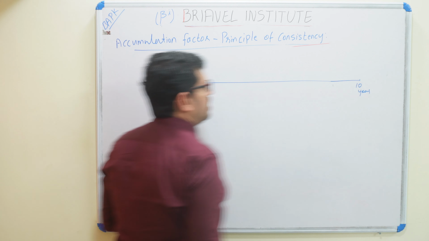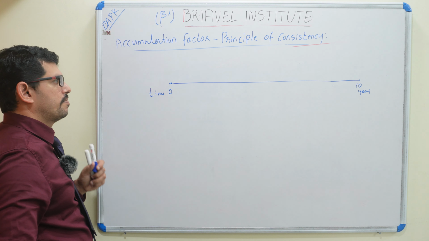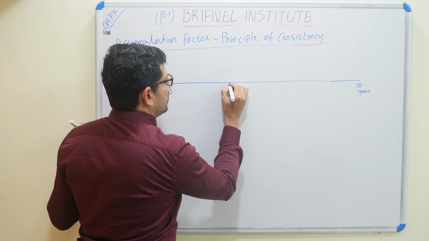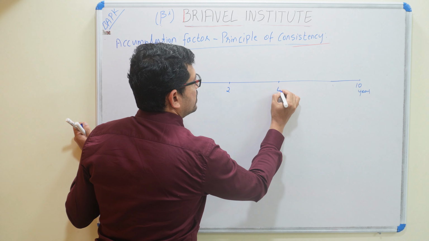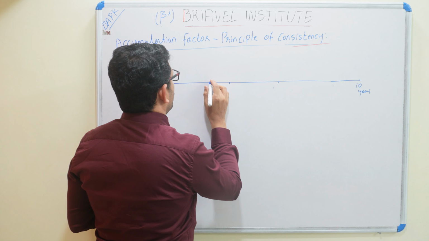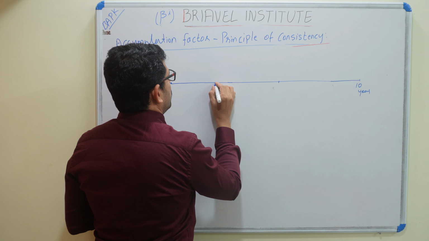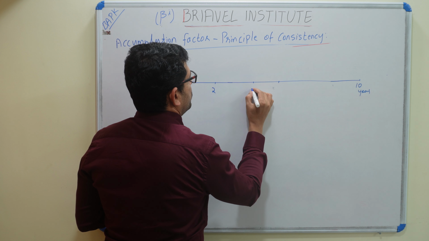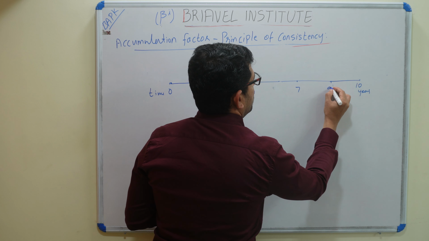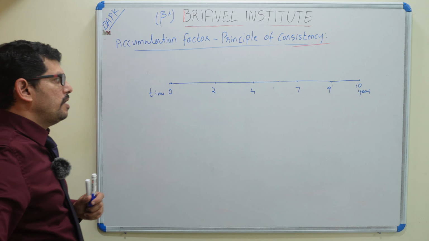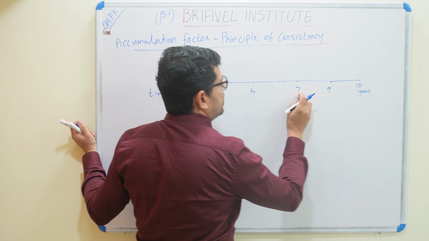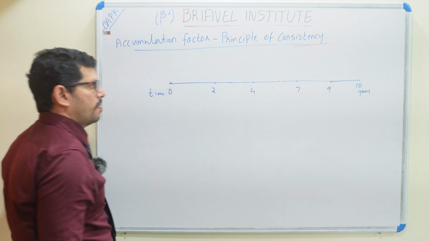I am taking it as years. Here we have the second year, the fourth year, the 7th year, the 9th year, and 10. So we have many periods.